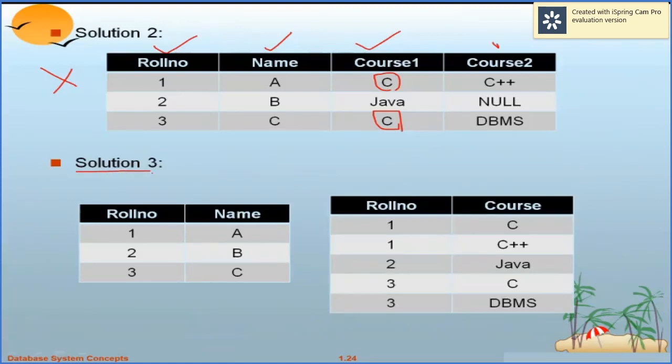The main table has been split into two tables, table 1 and table 2. The first table carries the details of the student, that is the name of the student along with the roll number. And the second table carries the data of the course. So in this case, you can retrieve the data whenever you want from both the tables.